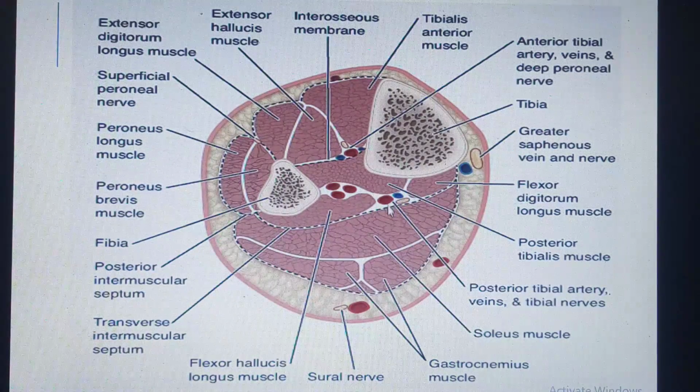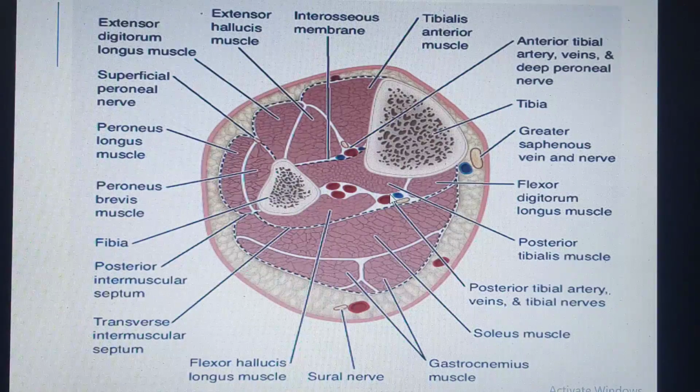Of course, we know that the muscles in the posterior compartment of the leg region will be supplied by the tibial nerve, which is a branch of the sciatic nerve, as well as by the posterior tibial artery, drained by the posterior tibial vein.